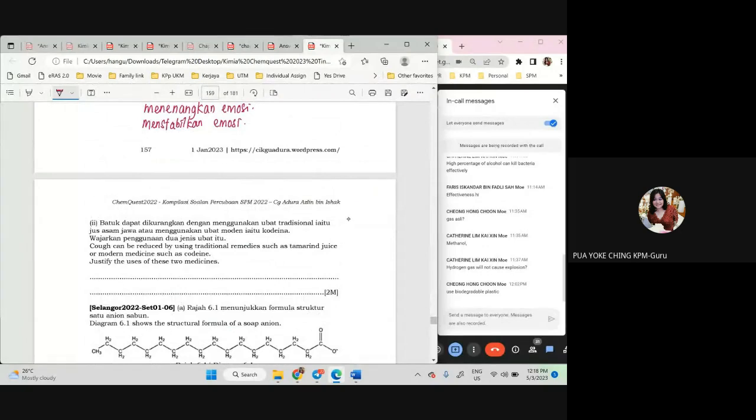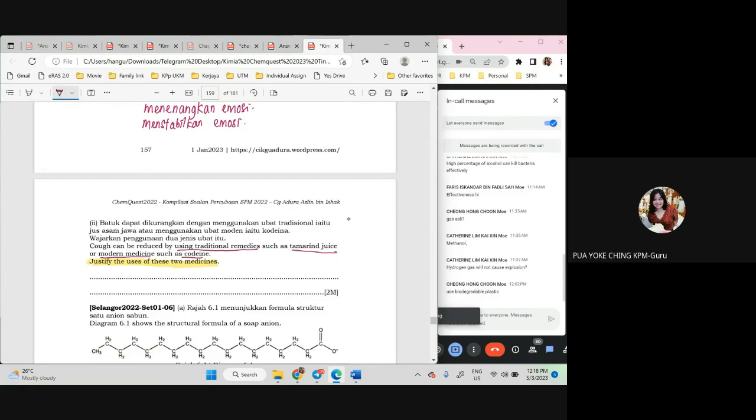Cough can be reduced by traditional remedies such as tamarind, or modern medicine such as codeine. Dia dah bagi tahu boleh guna traditional remedies, ubat tradisional iaitu jus asam jawa atau guna ubat modern. It asks you to what? Justify juga. Justify the use of these two medicine.